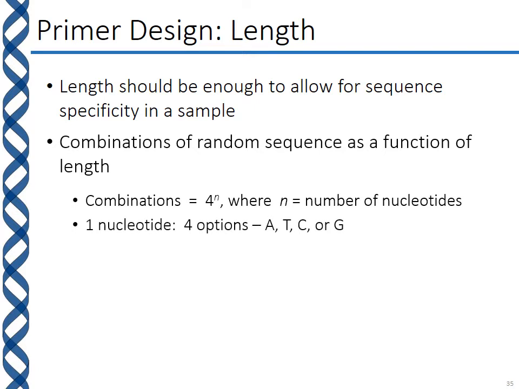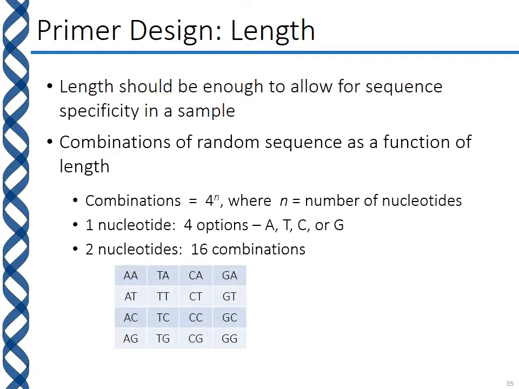Let's say that we have a 1 base pair sequence. Obviously, the 4 options for a 1 base pair sequence is a sequence of A, a sequence of T, of G, or of C. And that's it. Those are the only 4 options to choose from. If we increase our length to 2 nucleotides, you have 16 combinations. So you can have an AA, an AT, an AC, an AG, a TA, a TT, and so on.